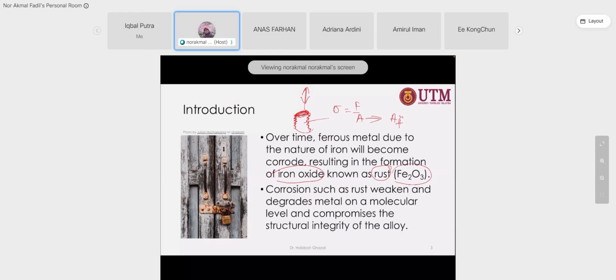So the size will be reduced. If A is reduced, the stress experienced by this structure will increase, isn't it? So if this structure design can support a load of maximum 600 megapascal, because the size has changed, the applied stress is higher than this design limit, meaning that your structure will fail.